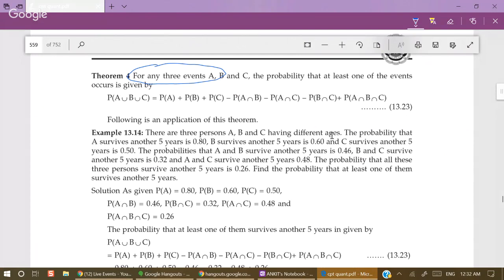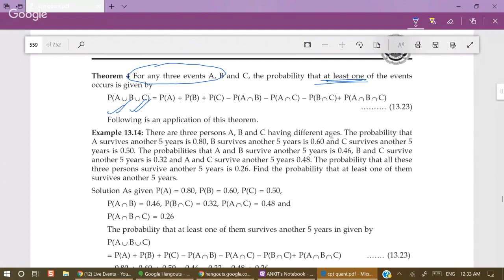For any general three events without any given condition. At least one means union always. I told you this particular point many times today, so please memorize that at least once or at least one means union.